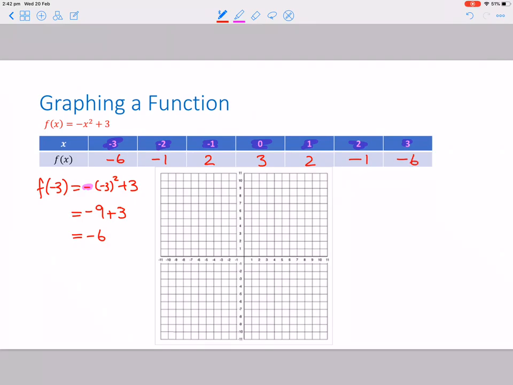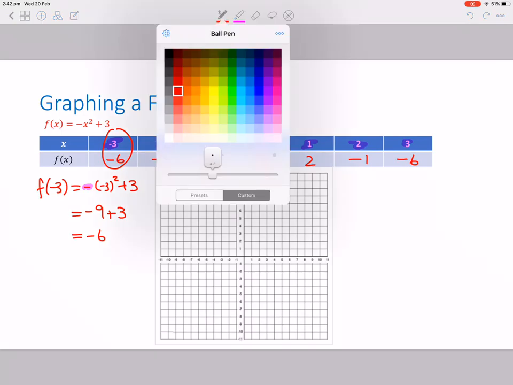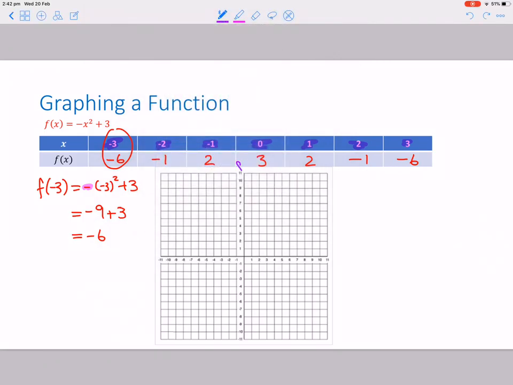Okay, so what we have here is our coordinates. Now this one you've known as your y graph, it still is, but for the sake of what we're doing right now, I'm going to call this f of x, essentially your y graph, and this graph over here is your x graph. So let's graph it.